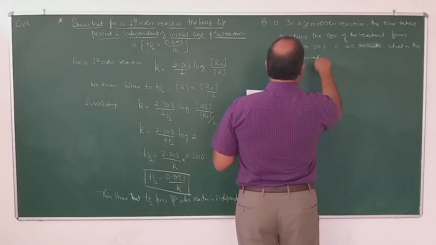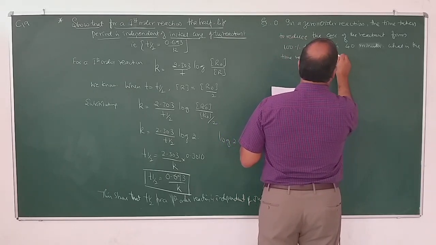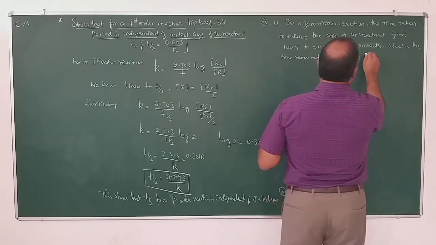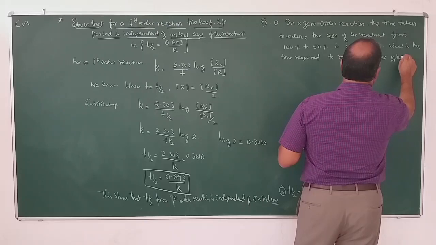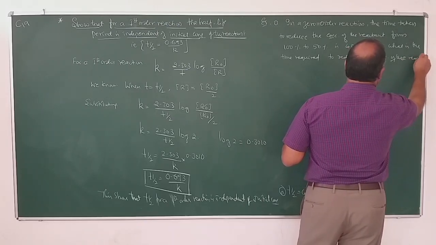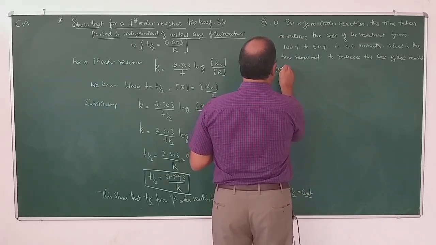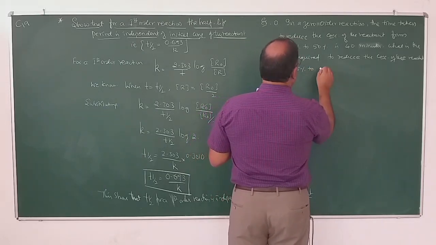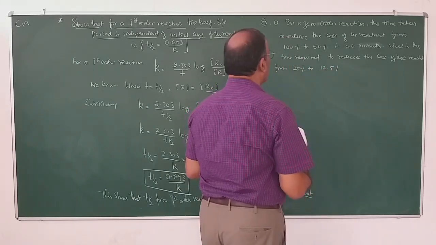What is the time required to reduce the concentration of the reactant from 25% to 12.5%?